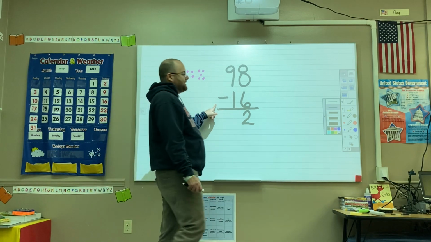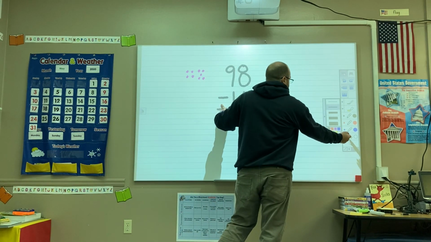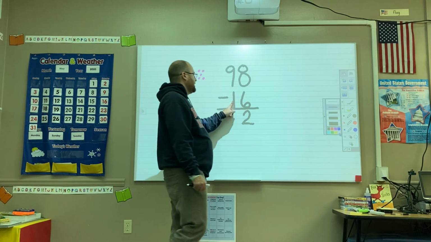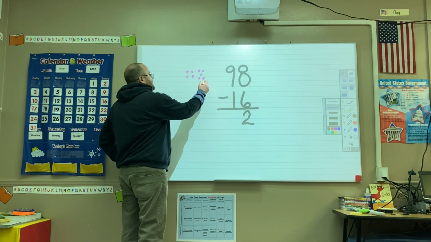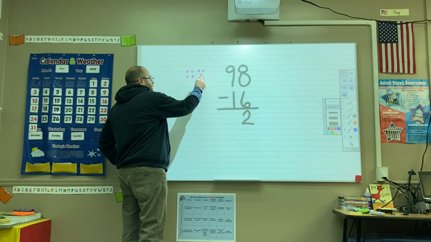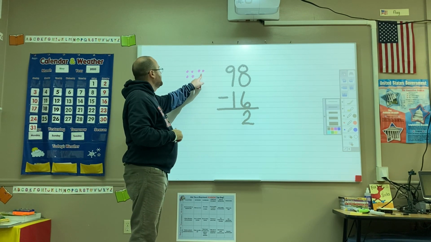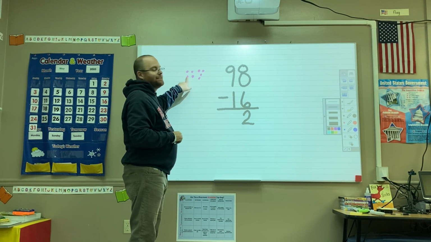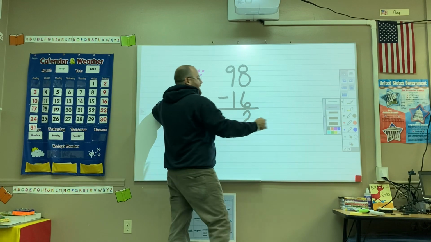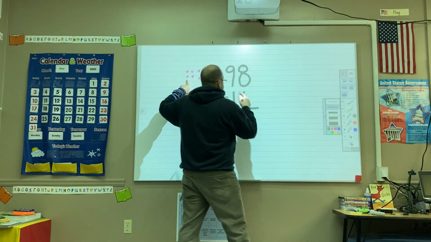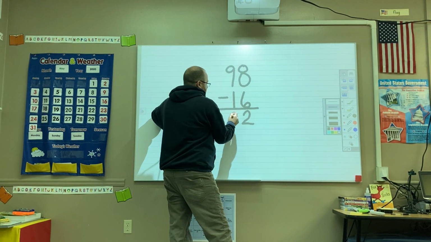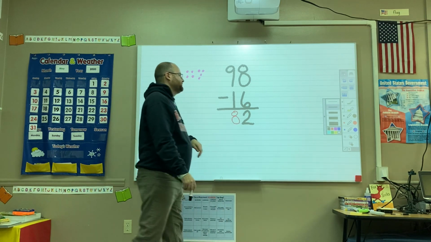And how many am I taking away? I'm taking away 1. Just that 1. So take that 1 away. Now, how many do I have? 1, 2, 3, 4, 5, 6, 7, 8. I have 8 left. 9 minus 1 is 8.